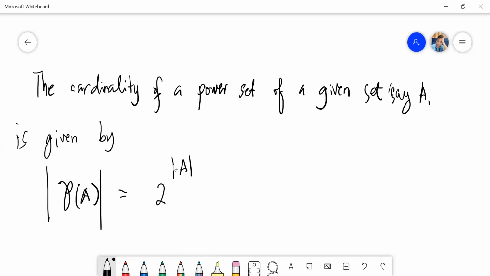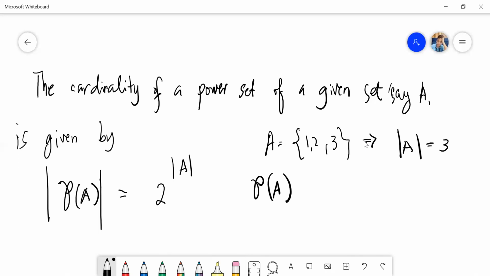So if you notice earlier that A is 1, 2, 3, implying that the cardinality of A is 3. Now earlier, the cardinality of the power set of A is 8. So this is actually 2 to the 3.